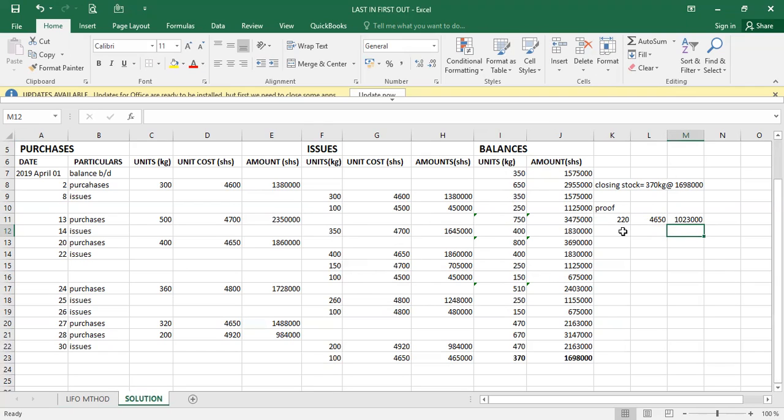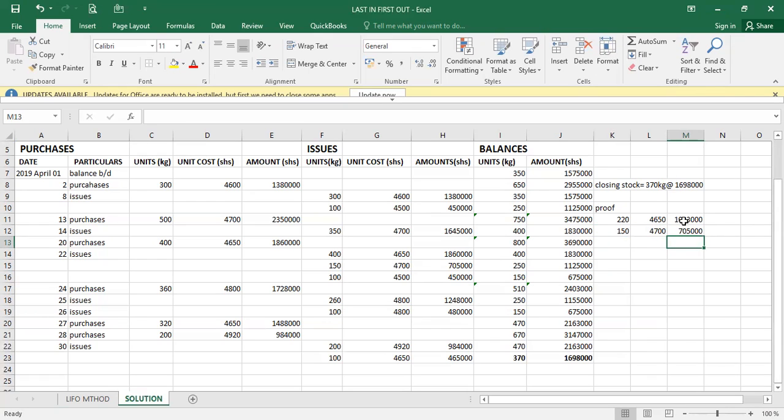So those units are 350 minus the 200 units, equals 150 that we still have. And these 150 are supposed to be valued at 4,700. So its value will be this times this. Then we get that.